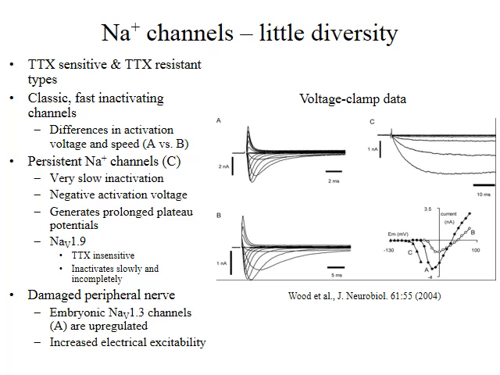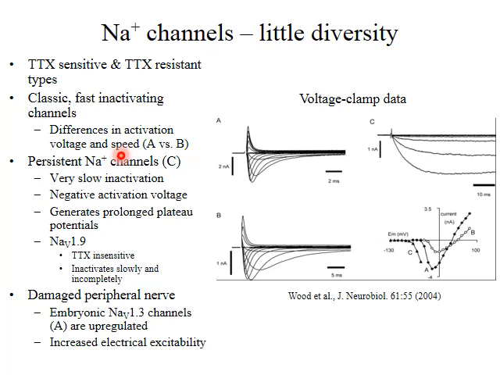There are both TTX sensitive and TTX resistant types of sodium channels. The classical fast inactivating channels that we talked about before are TTX sensitive. These are the channels that generate the rising phase of the action potential.